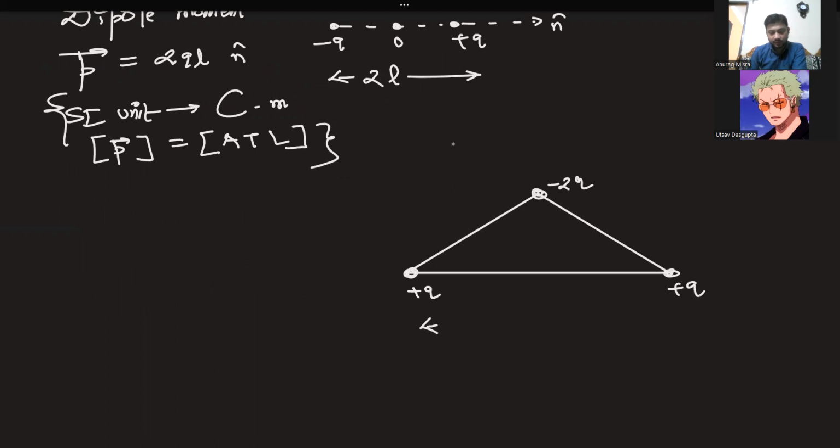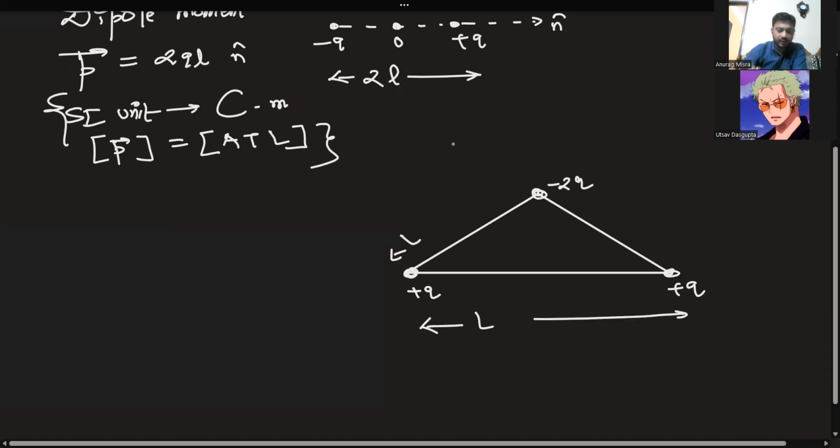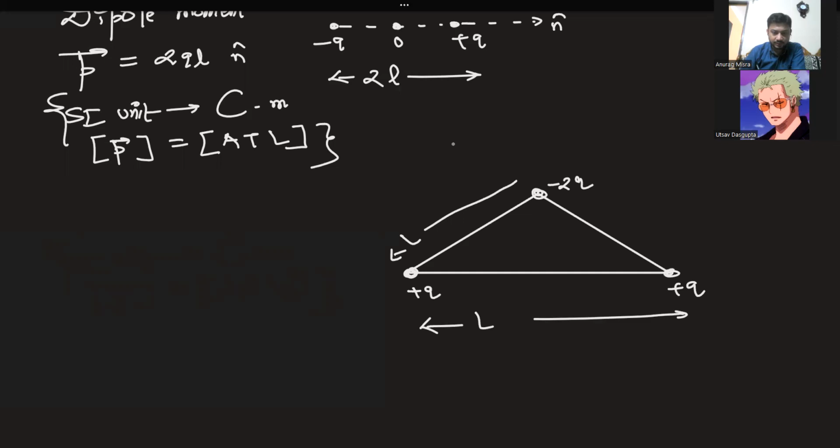Say it is an equilateral triangle of side length L each.